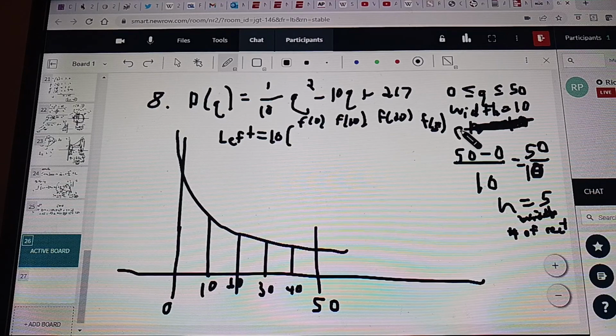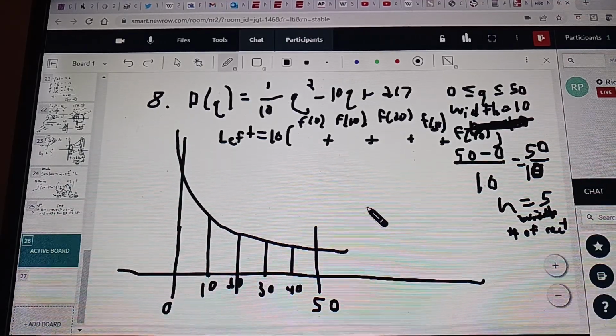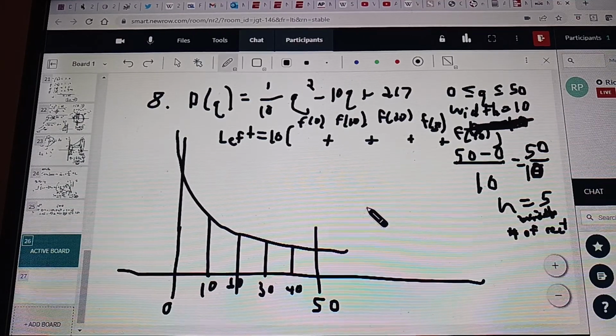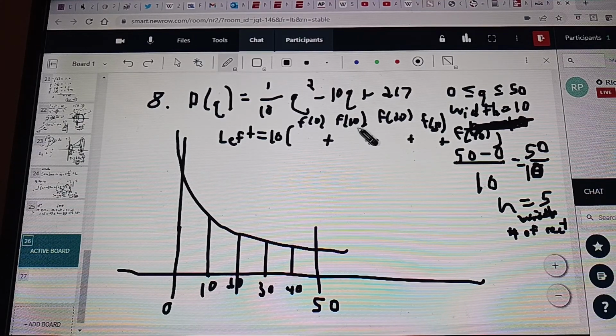You won't make it all the way to 50. Add all those together and multiply by 10, and that's your estimation for left endpoints. For the right endpoints, you'll do 10, 20, 30, 40, and 50. You won't do 0, you'll do 50 instead.